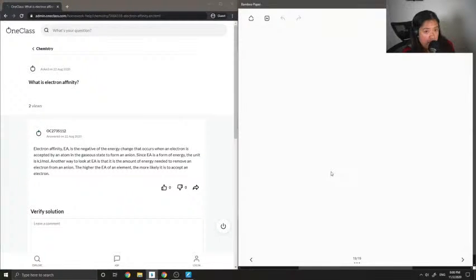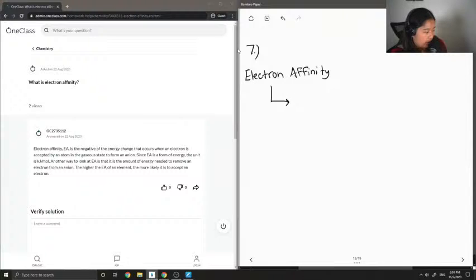Okay, so let's check out question number 7. What is electron affinity? So electron affinity is like the energy change when an electron is accepted by an atom.